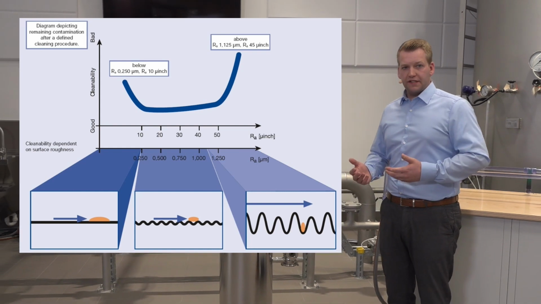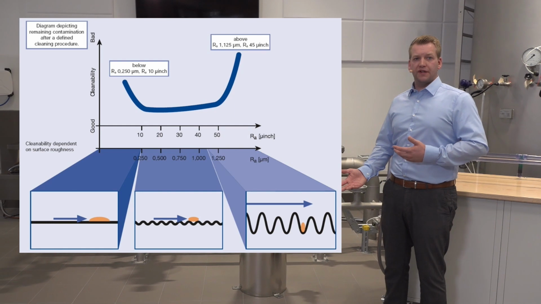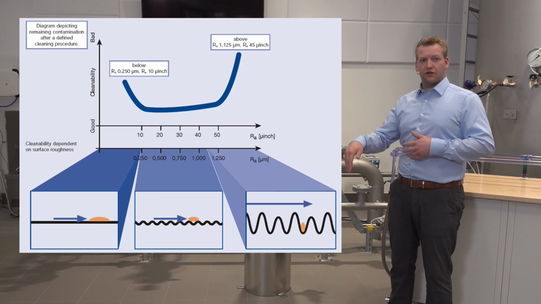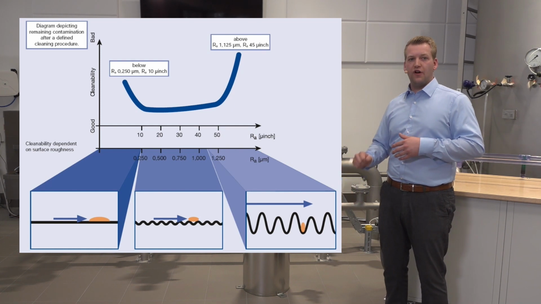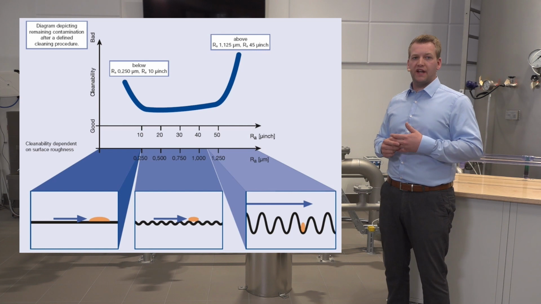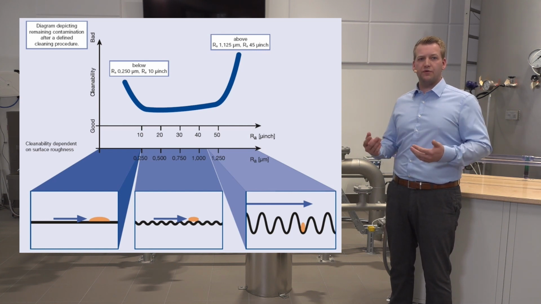On the right side, you see a typical cast iron. There we have a rough structure, and the bacteria go into the structure. And if you now flush through the pipeline, there is no removal of the dirt and of the bacteria. So this is a problem.